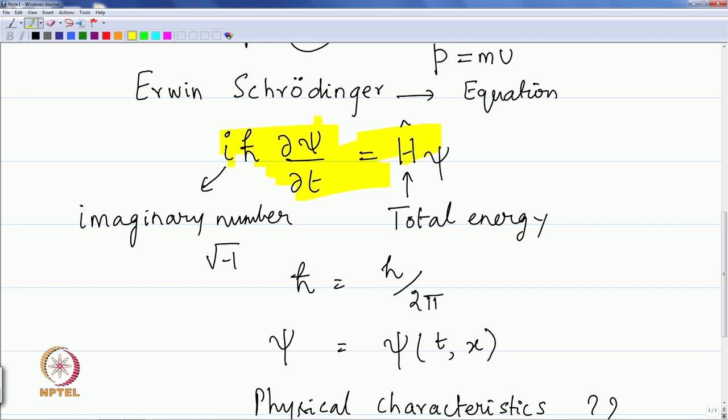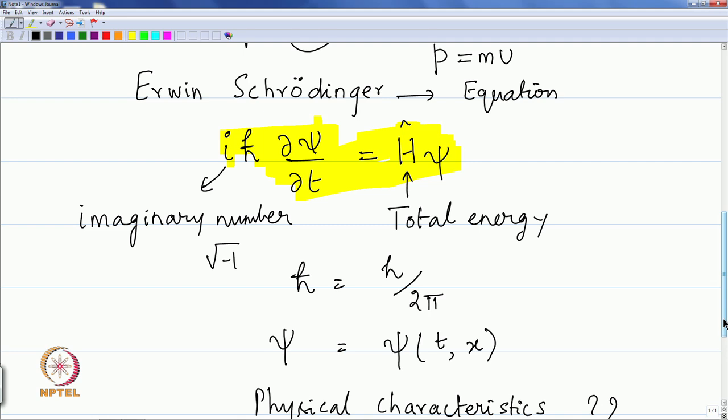See this particular equation which has the total energy on one side and a wave function on the other side, but it also contains the imaginary number, and therefore it is possible that the wave function psi itself is imaginary or complex, and if it is complex then we do not have a physical interpretation for the wave function itself.